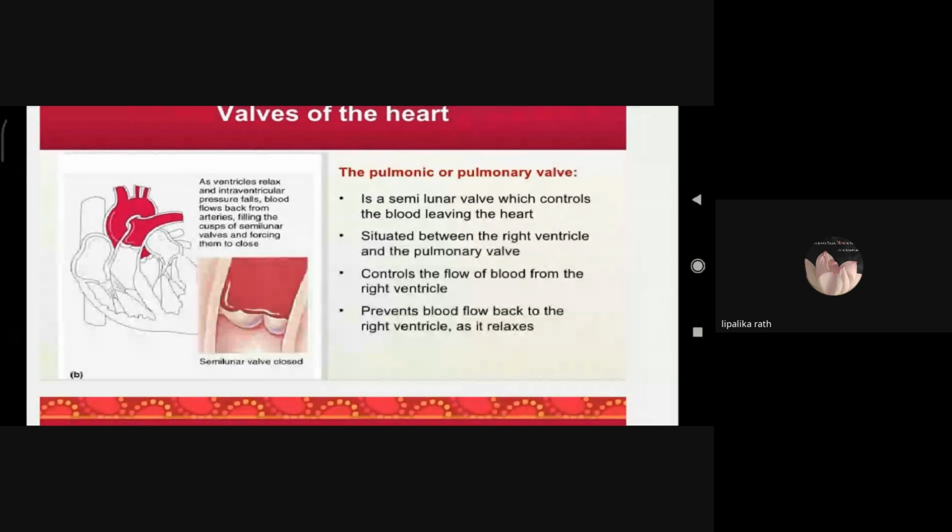So it controls the flow of blood from right ventricle, prevents blood flow back to right ventricle as it relaxes. So again it is preventing the backflow of blood from pulmonary artery to right ventricle.